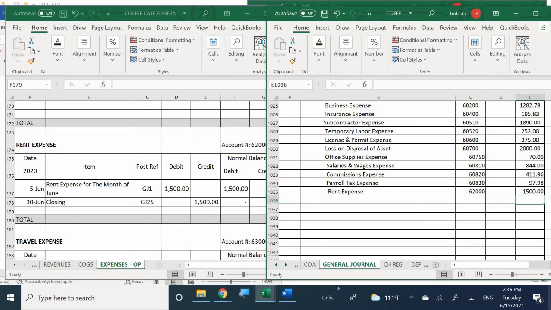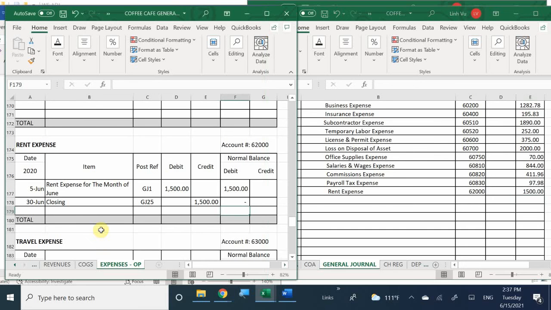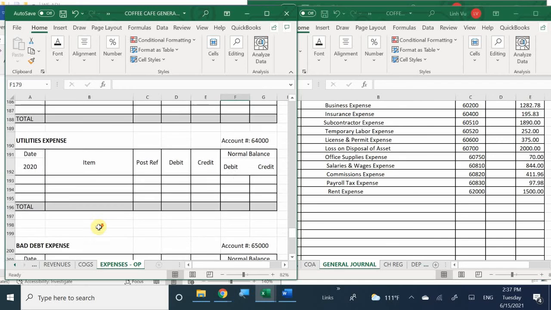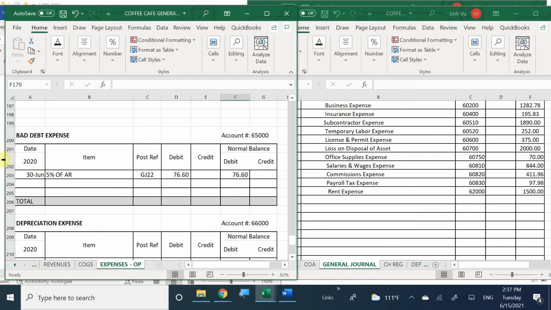All right, for 1500. Bad debt expense, for 76.60. Closing. Journal 25, for 76.60. Yes.